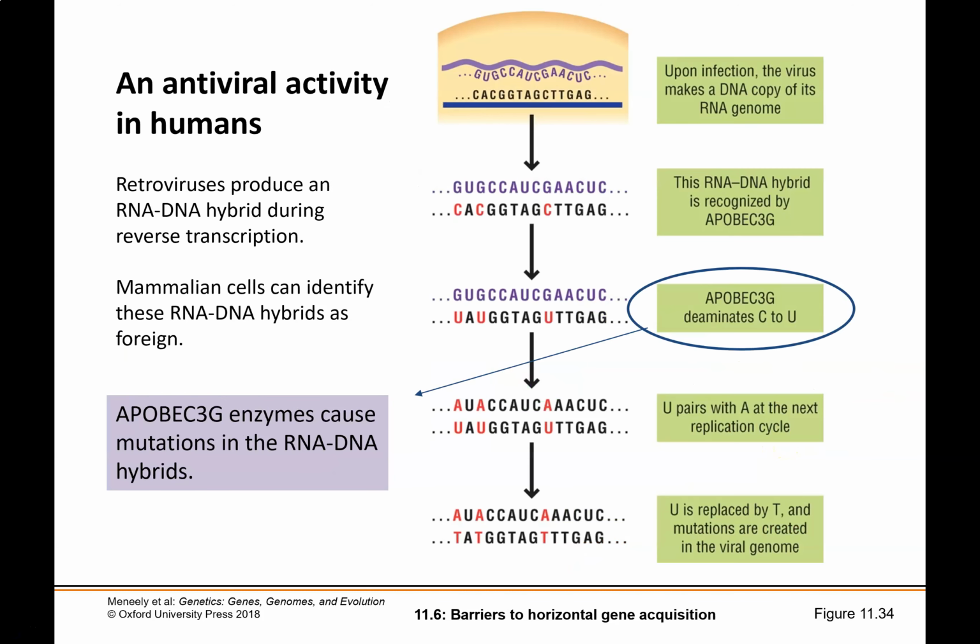So this sort of blocking or breakdown of DNA from an outside source also occurs in humans, and the antiviral activity in humans can actually prevent the DNA of infecting viruses from taking over our cells.